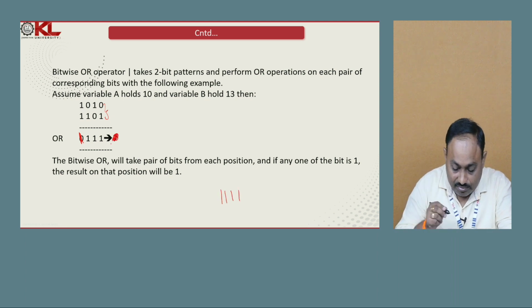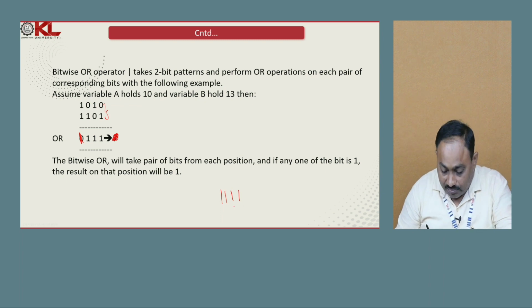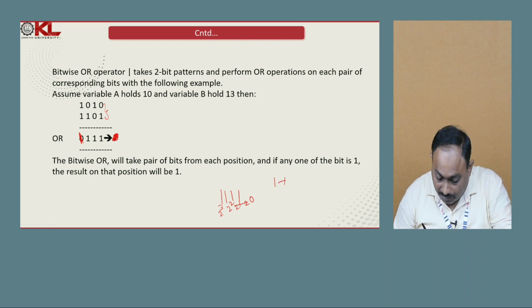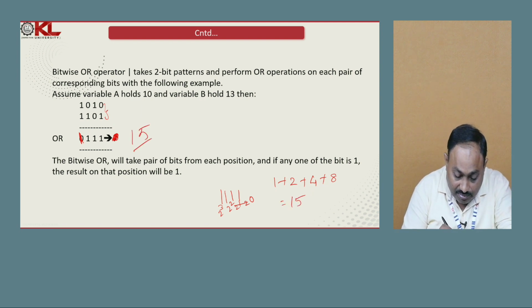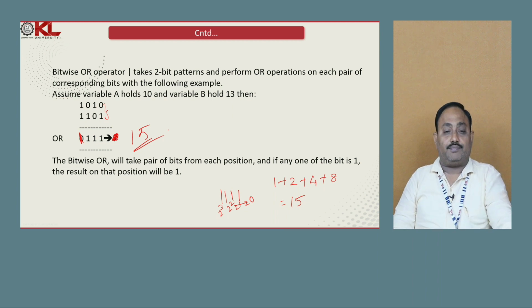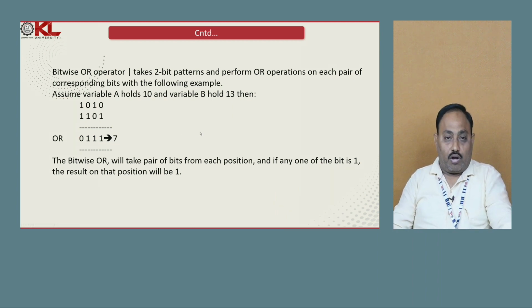Don't consider this value, so this is the 4 ones. 4 ones means 2 power 0, 2 power 1, 2 square, 2 cube. 2 power 0 means 1 into 1, 1, plus 2 power 1, 2 into 1, 2, plus 2 square, 4 into 1, 4, plus 2 cube, 8 into 1, 8. Then 8 plus 4 is 12, this is 15. Now this is the value, the resultant value is 15. This is the bitwise OR operator.